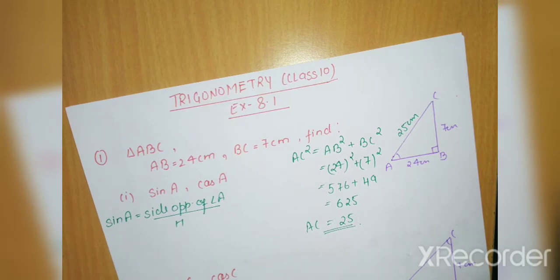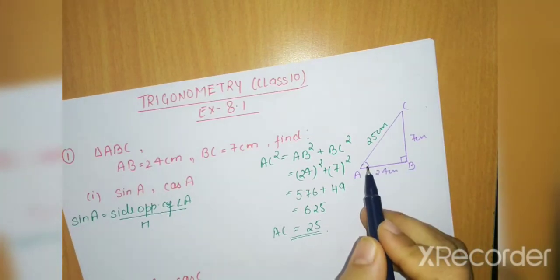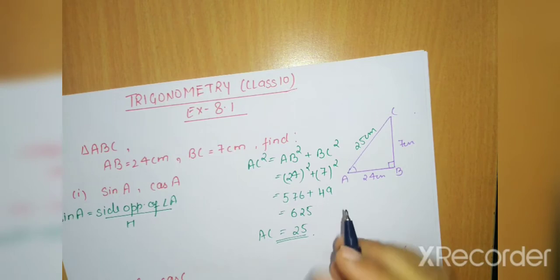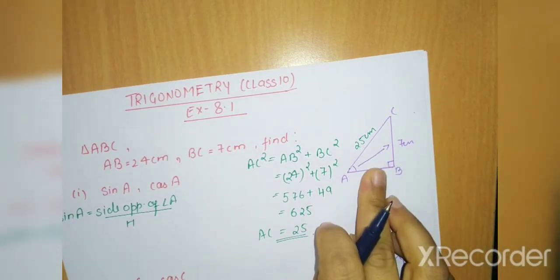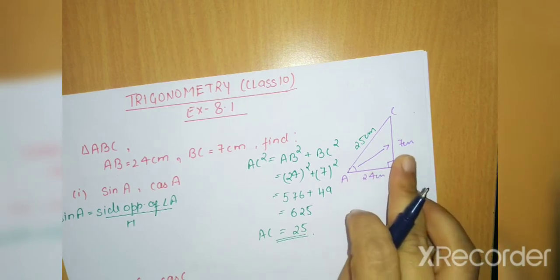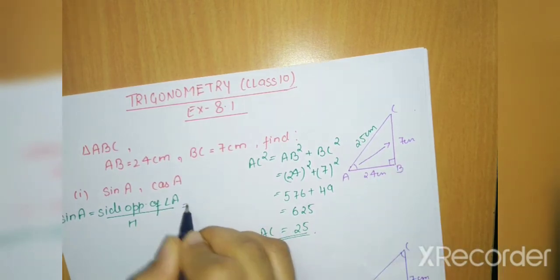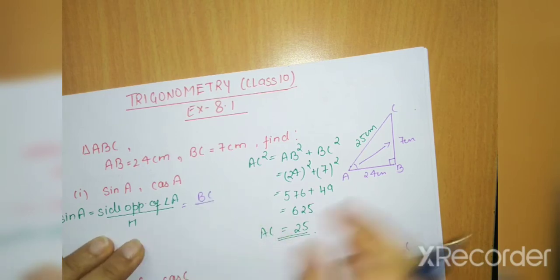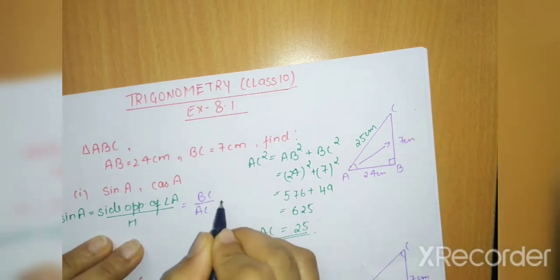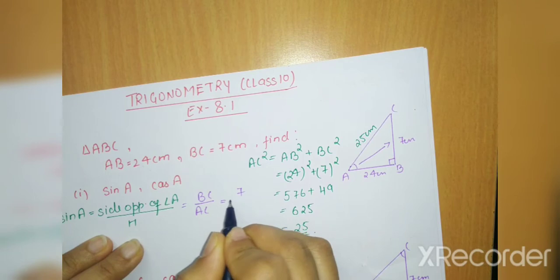This is my angle A. The opposite side is 7. In sine we always consider the opposite side. So we write BC by hypotenuse AC. Putting the values, that is 7 by 25.